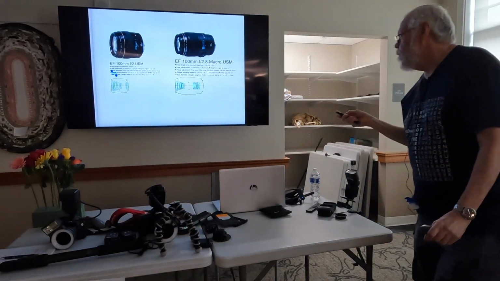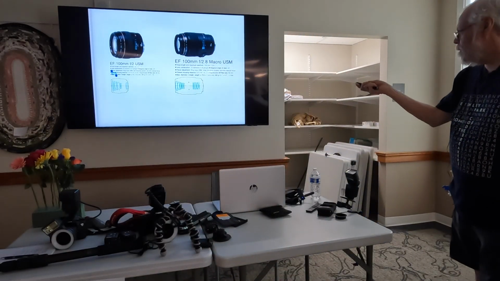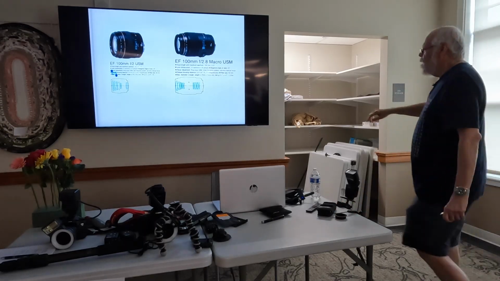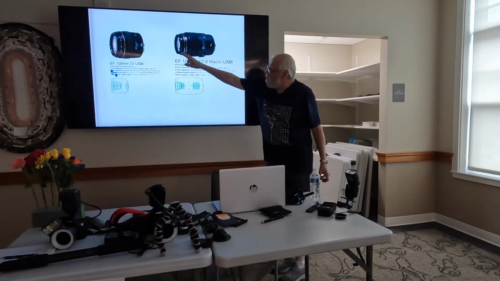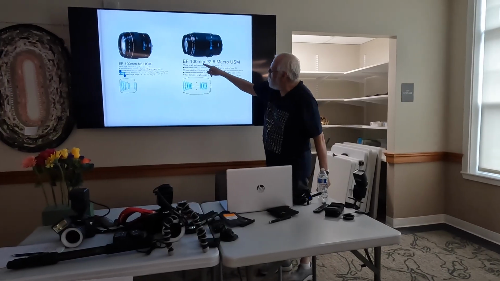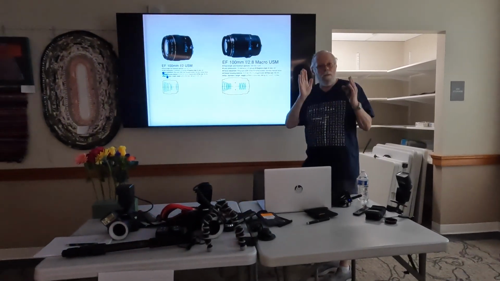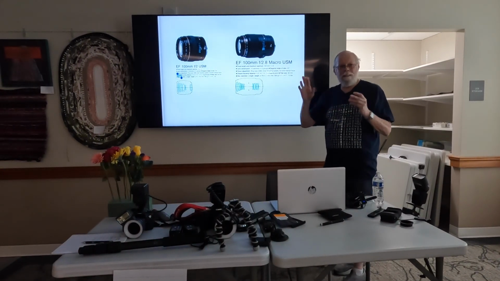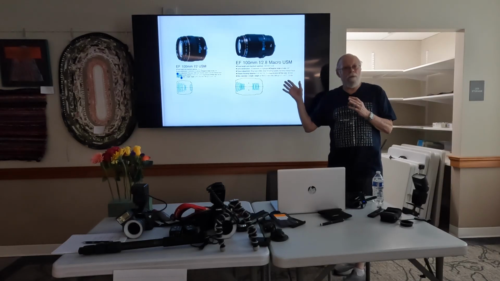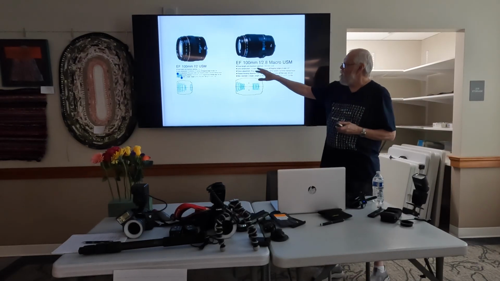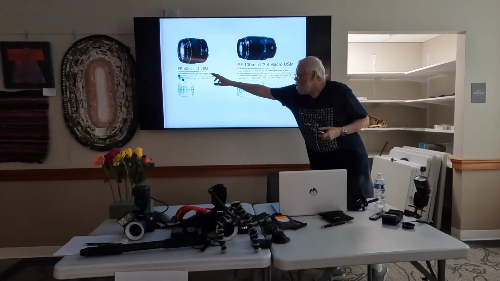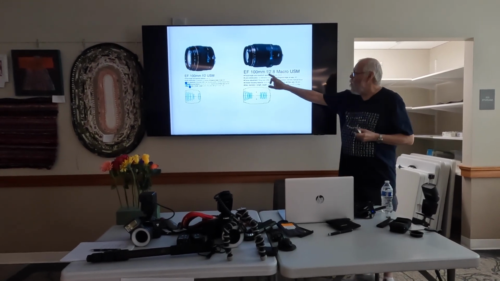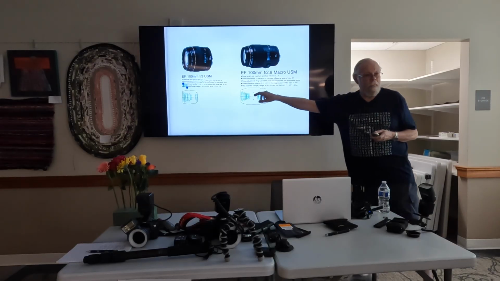They're both 100 millimeter, so it's the same focal length. The f-stops are different, but that's not going to make a difference for what I'm about to tell you. This just means that this allows more light through at the widest opening than this does. That's all the f2 and f2.8 mean.